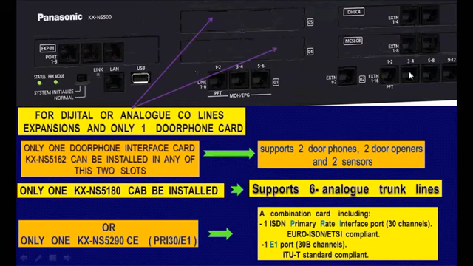Main unit comes with 6 analog trunk interface and slots 4 and 5 for digital or analog CO line expansion, and only 1 door phone card. So the rule is we can use only 1 door phone card per unit.